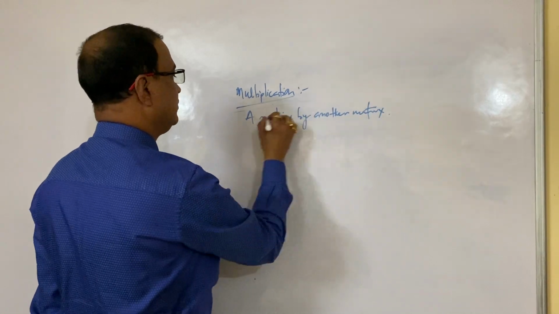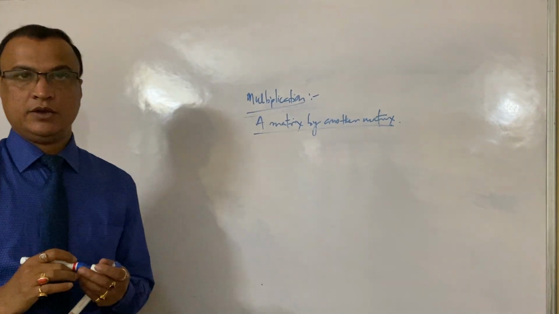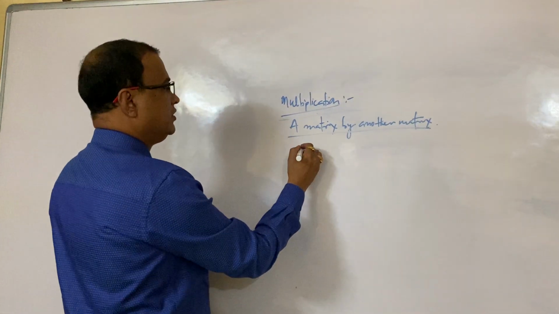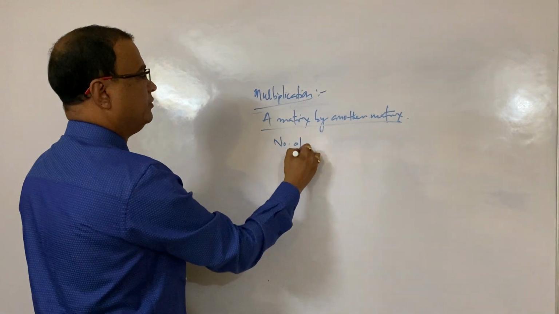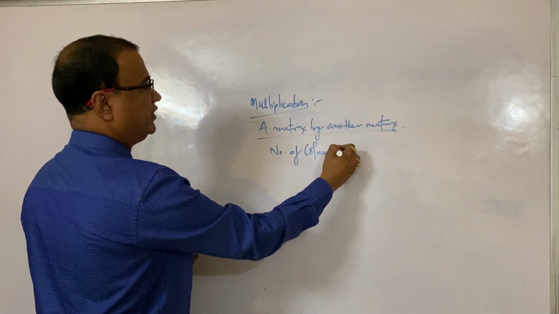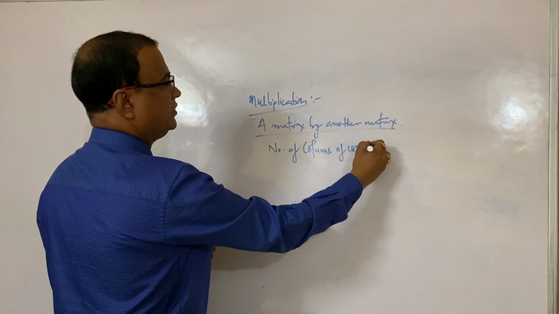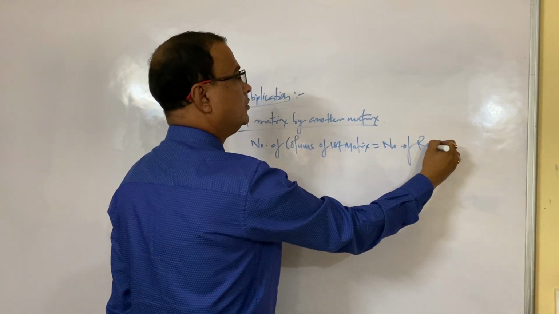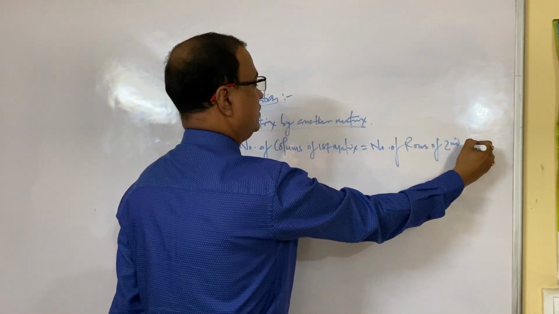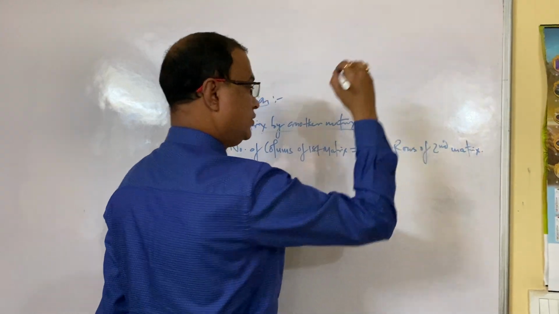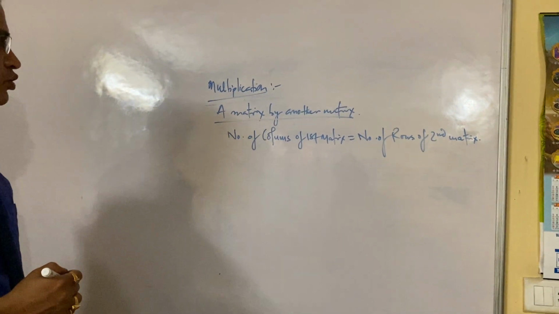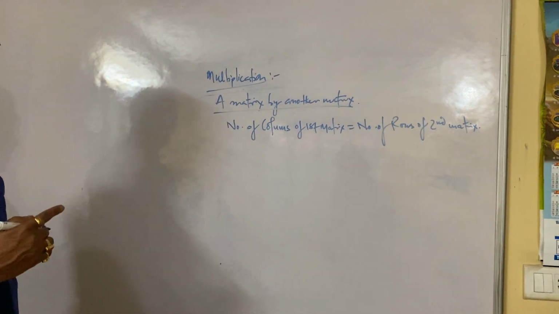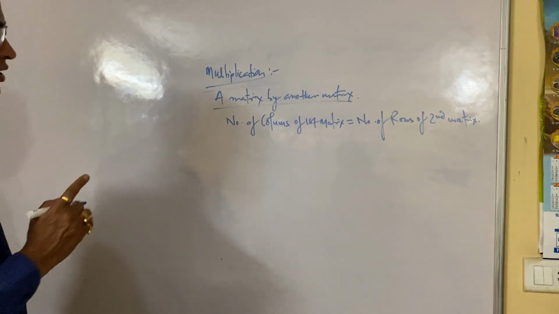Here the most important condition is that a matrix can only be multiplied by another matrix if the number of columns of the first matrix is equal to the number of rows of the second matrix. This is the important condition, and then two matrices can be multiplied. Otherwise we cannot multiply two matrices.